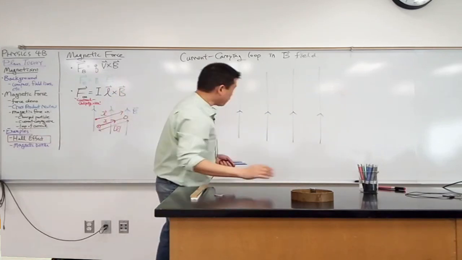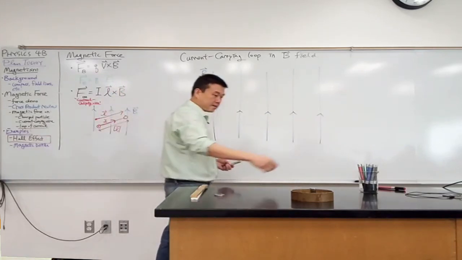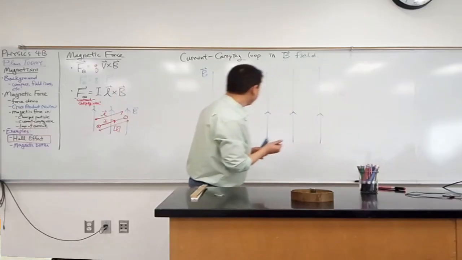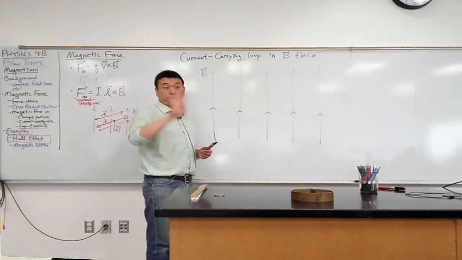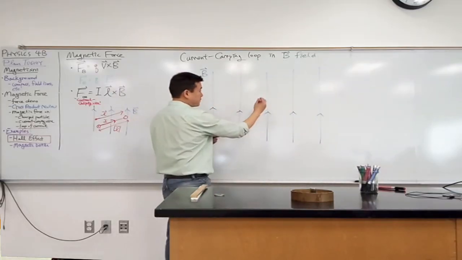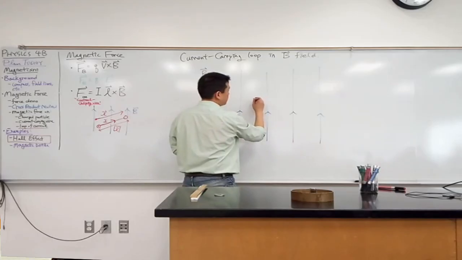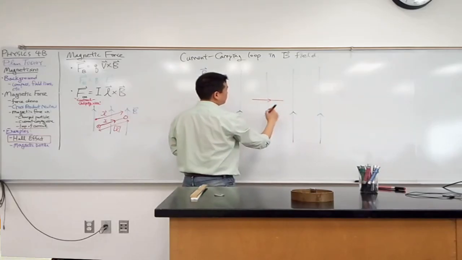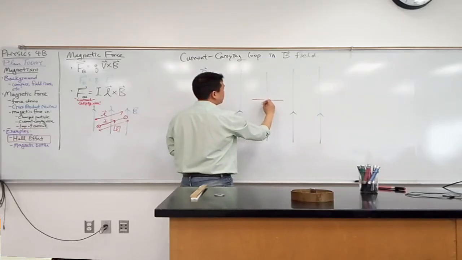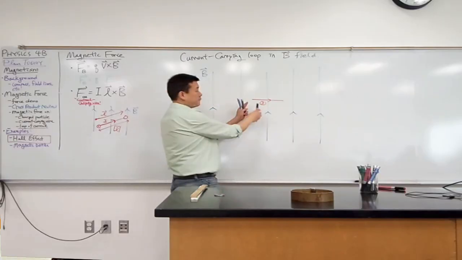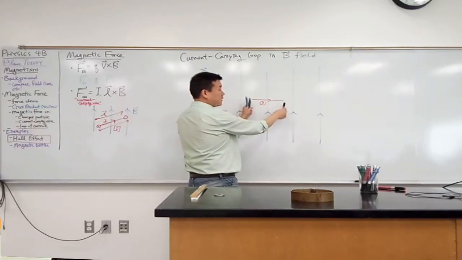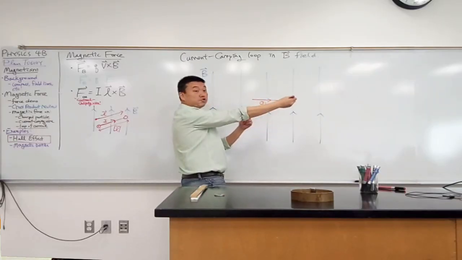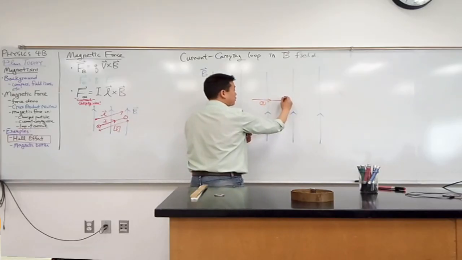For the loop that I was holding up, this is how you can draw it. I'll have to draw it in 4 segments. There's a segment 1, the front segment. Let's say current is flowing from left to right there. So call that front segment 1. After current flows from left to right, there's a segment that goes into the board that continues to carry the current.